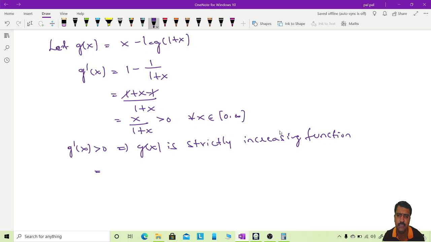Which implies that g of x for all values is greater than g of 0.